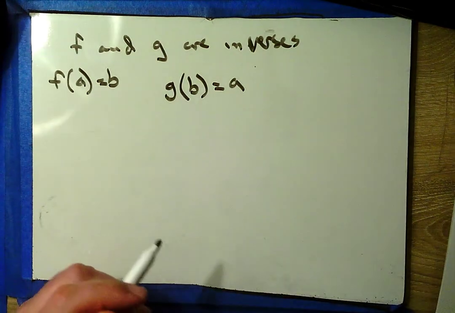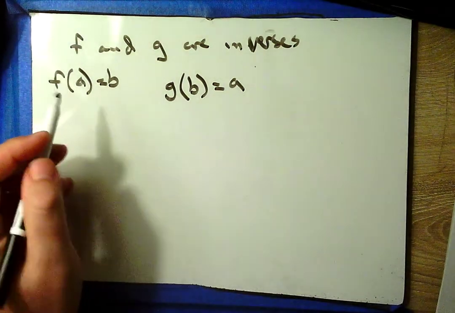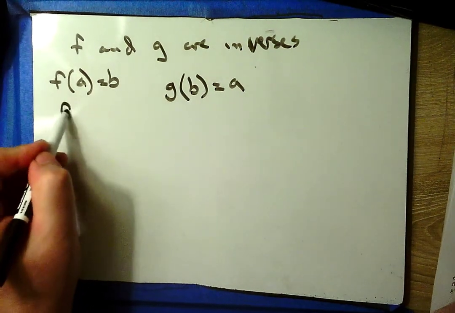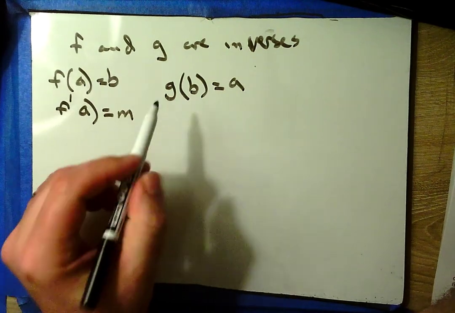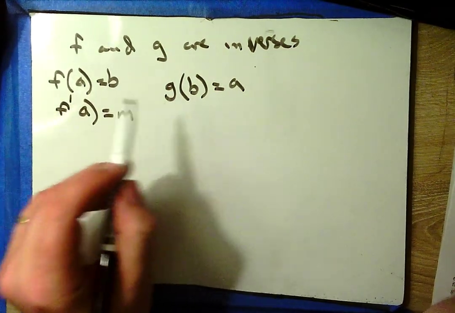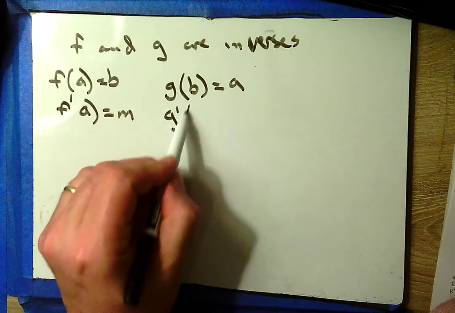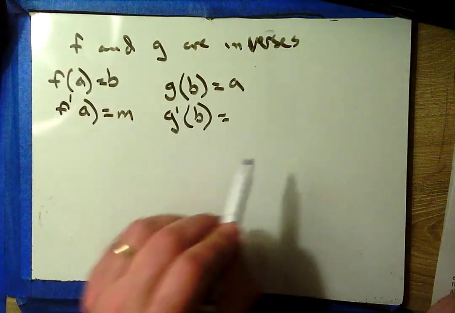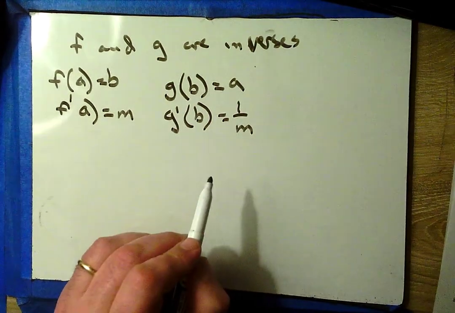So we switch those x's and y's. Remember also there's a relationship with the slope. If f prime of a equals m, then the slope, not at a, but at the inverse point, g prime of b, is the reciprocal of this slope, 1 over m.